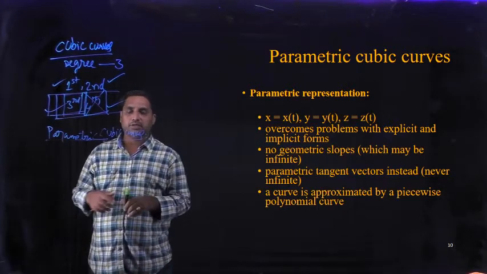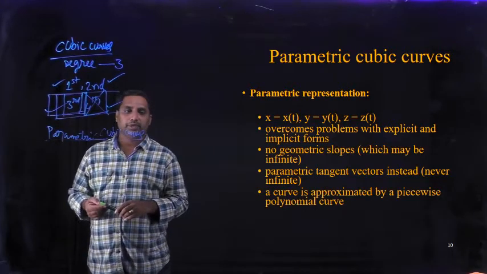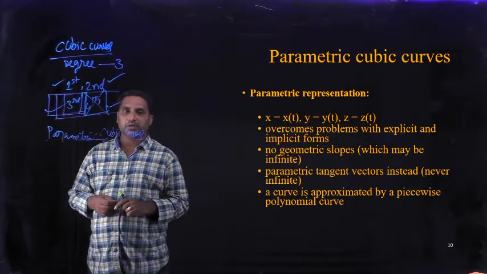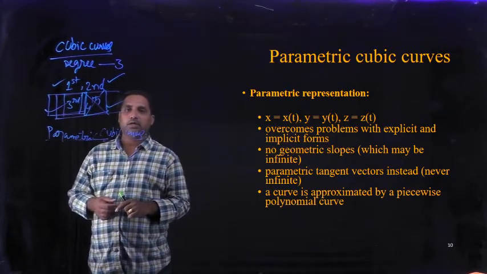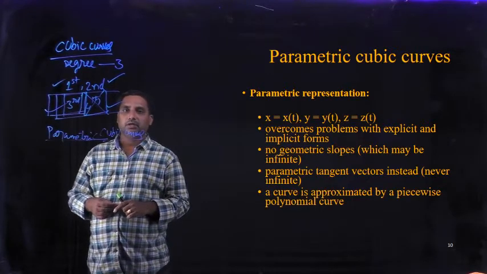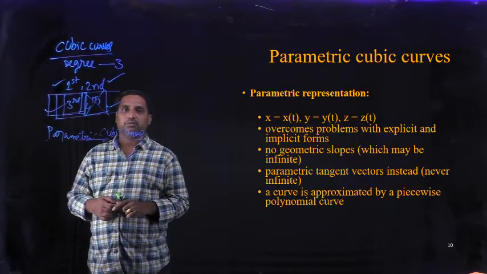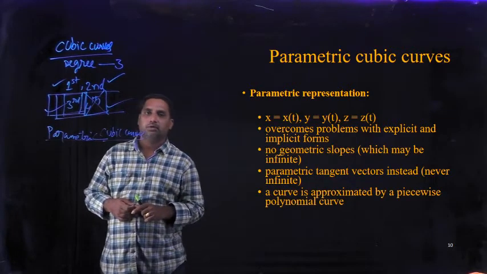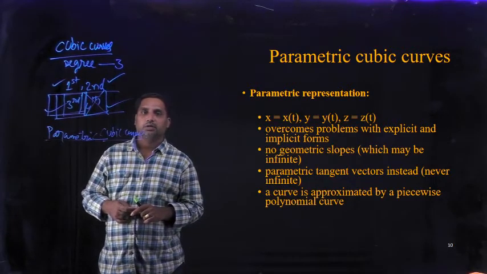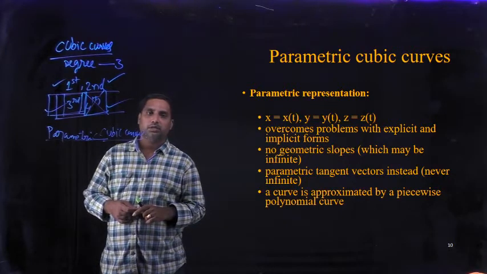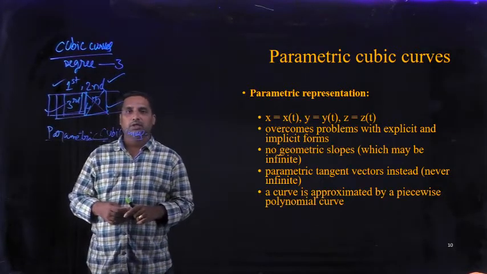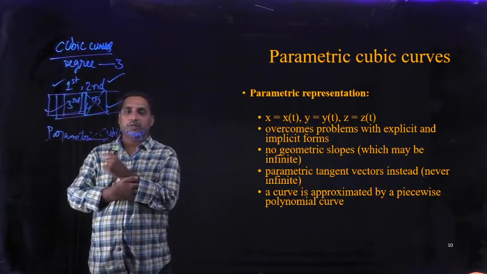That is x equal to x of t, y equal to y of t, z equal to z of t, where t is the parameter. x, y, z are the coordinate values in 3D space. That is the representation of a third degree curve by using t as the parameter, and x, y, and z are represented in terms of parameter t.